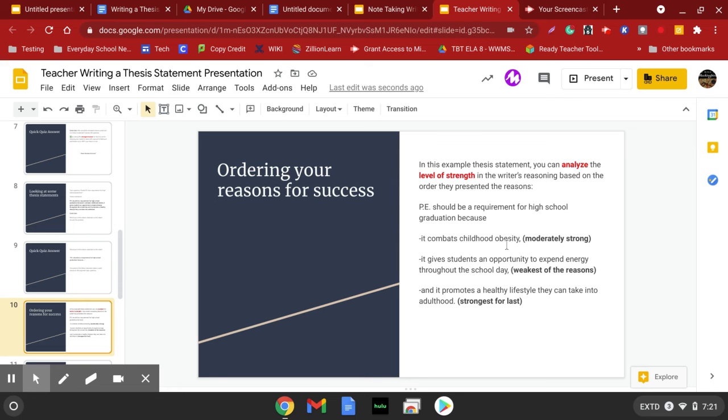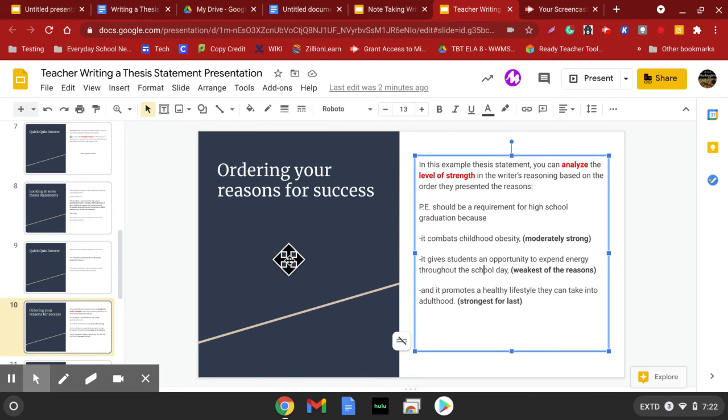So that one's not super strong, but it's a strong one. It gives students an opportunity to expend energy throughout the school day. That's not the strongest one. You're not going to find scientific evidence to back that up as easily as you will with the other two. Then the strongest, remember, best for last: it promotes a healthy lifestyle they can take into adulthood.